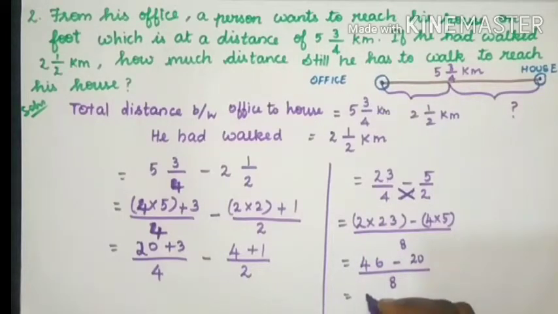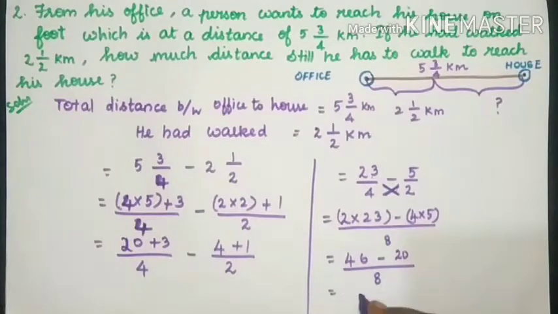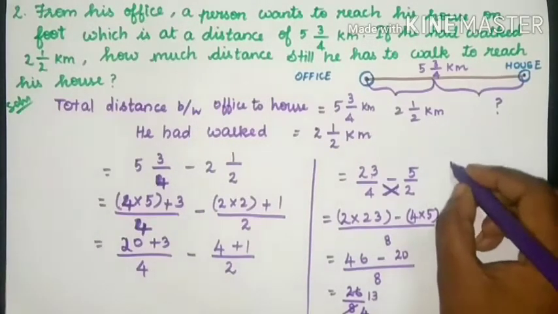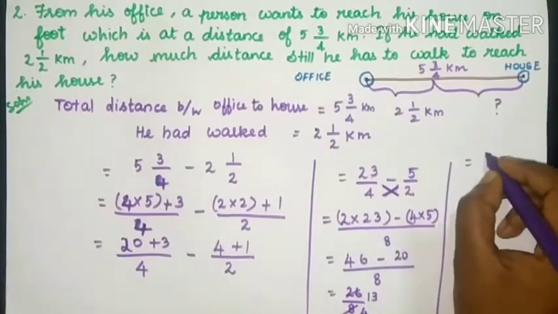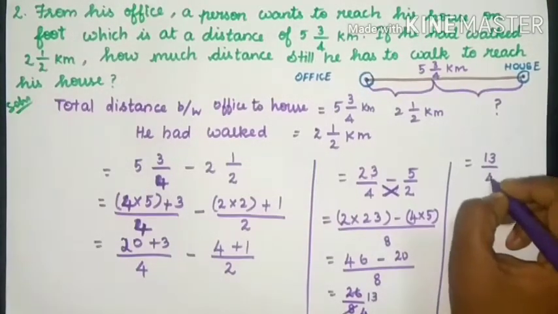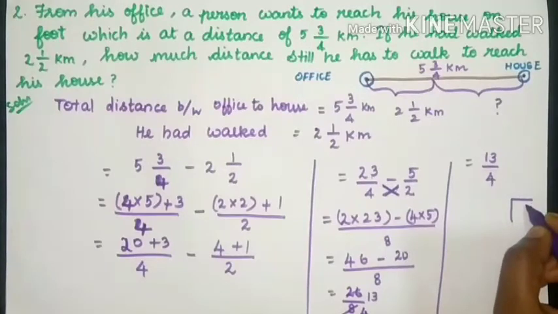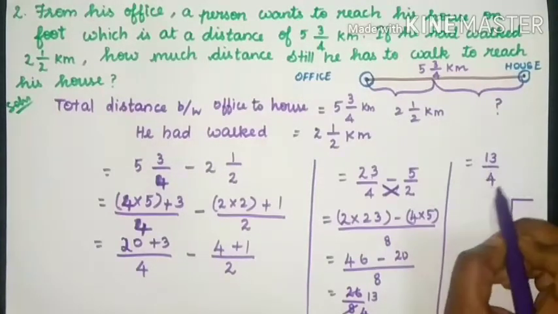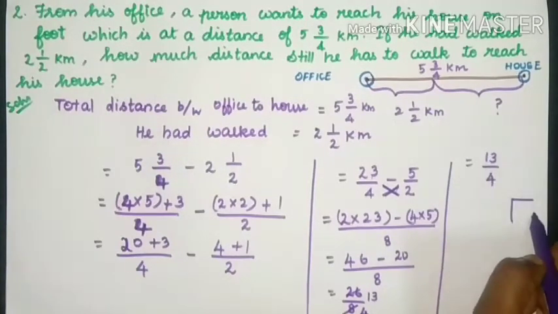Yes, 26 by 8. After cancellation with 2, you will get the answer as 2 4s are 8, 2 13s are 26. See, 13 by 4. You have to change this improper fraction into a mixed fraction.